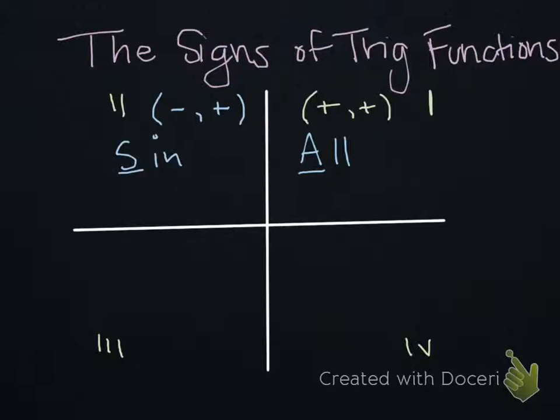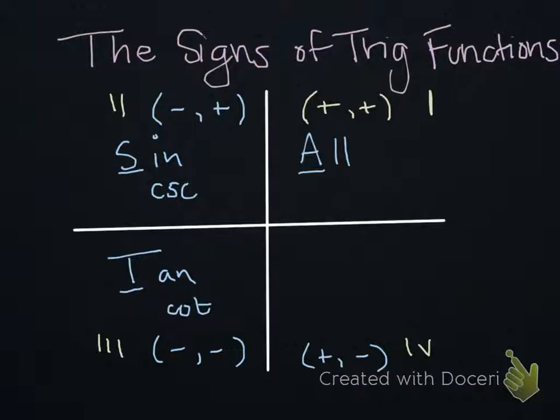If sine is positive, then its partner in crime, or reciprocal, is also positive. In quadrant 3, x and y are both negative. So the only way I would get a positive function here is if x and y are being divided by each other, because two negatives make a positive. So tangent is positive, which means its reciprocal, cotangent, is too. And in quadrant 4, the x values are positive, so that is my cosine, and of course its reciprocal, secant.